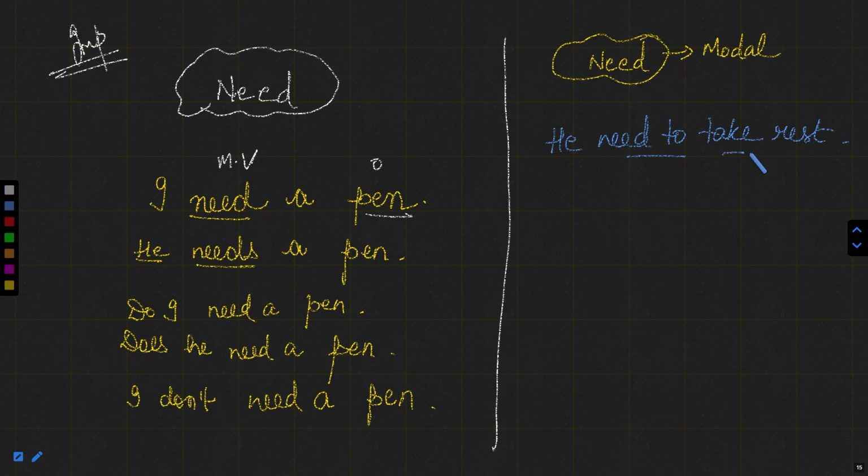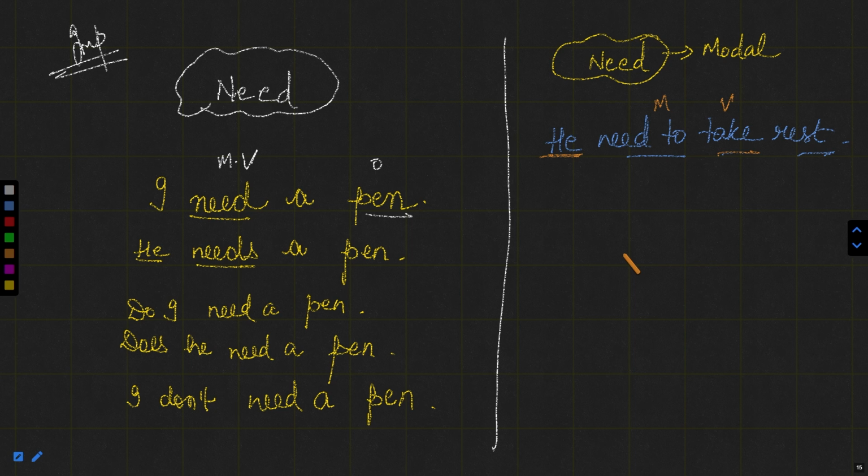He need to take rest. So, need to is a modal and take is a verb in the first form, because after a modal we can only have the first form. Now, one more thing, if I am having the word he, it is he need to, not needs to. I cannot write needs to.